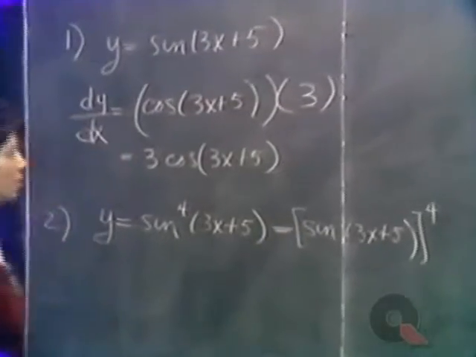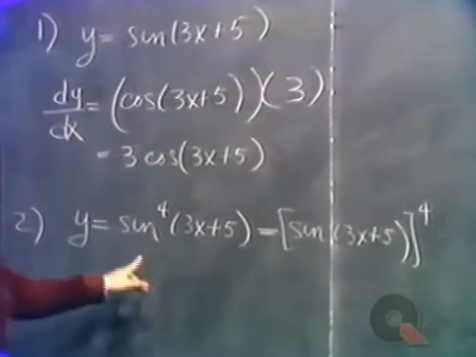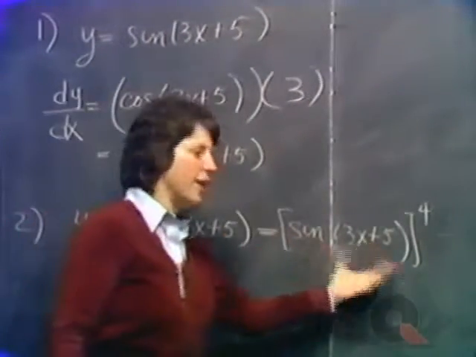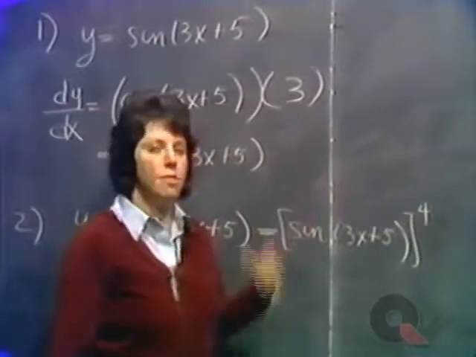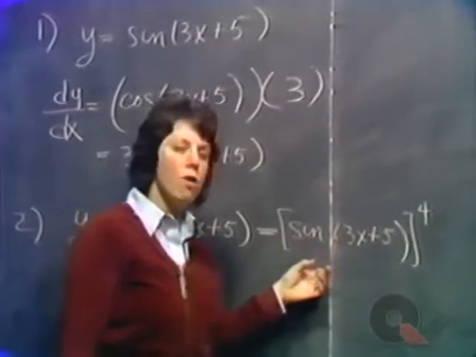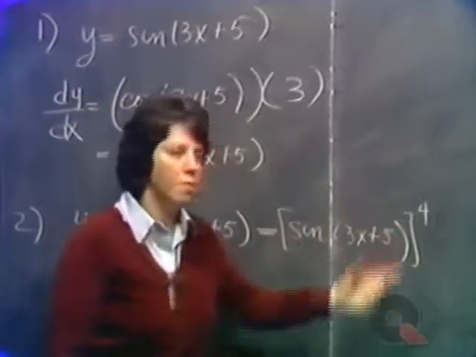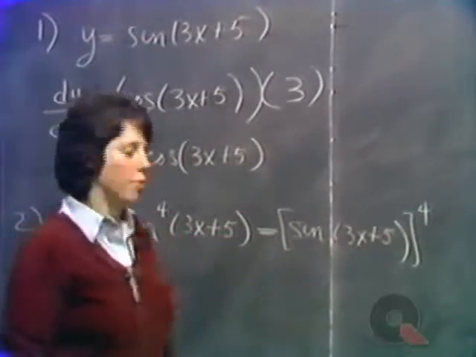So if you ask yourself which formula to use, you don't use the sine formula to start. You use the formula for a function of x to the nth power. This is an example of the power rule: a function to a power. Don't let the sine bother you at the moment.